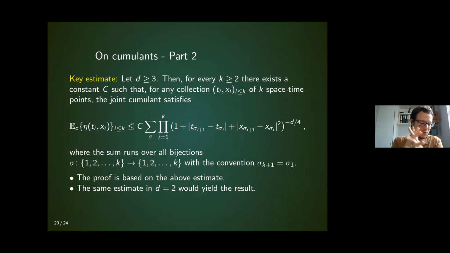Okay, let's see if this really answers your question. One way I tried to explain it is that you imagine that these k space-time points are aligned around a circle, and then what this permutation does is connect all these points in one circle. So it's a connected graph, right? And this was actually the key point, that we can estimate the cumulant in terms of something that you can relate to a connected graph.